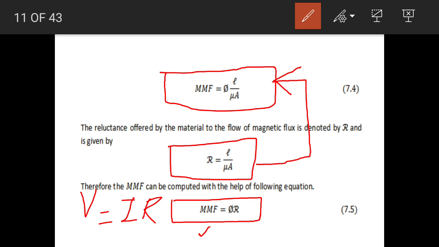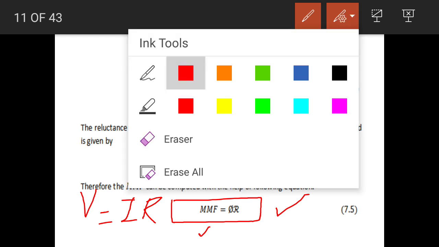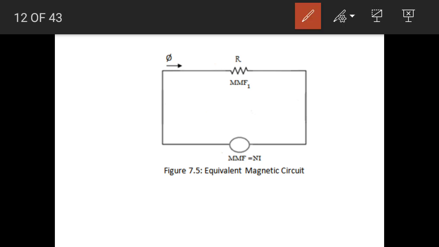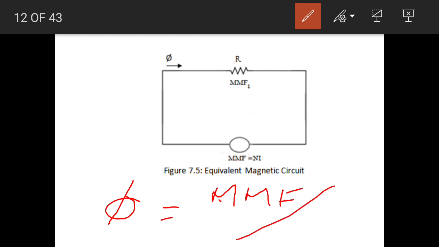So in a simple electrical circuit, V is equal to IR. Similarly, in a simple magnetic circuit, MMF is equal to phi R. We can calculate the magnetic flux from equation number 7.5. The flux will be equal to MMF divided by the reluctance of this particular circuit.